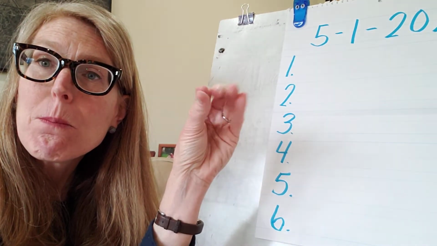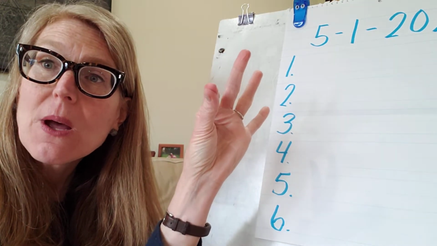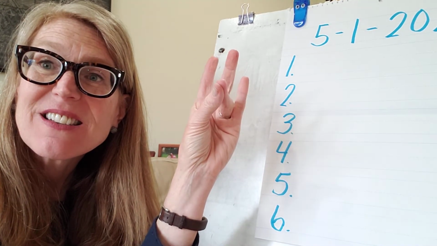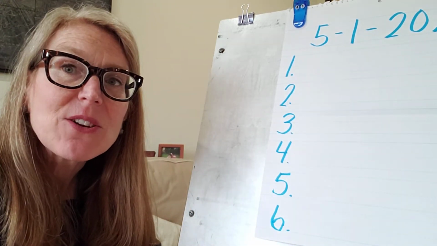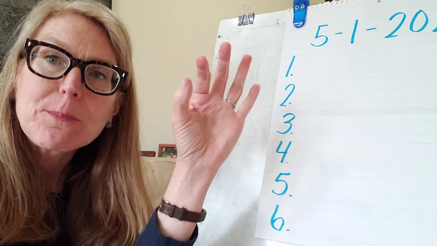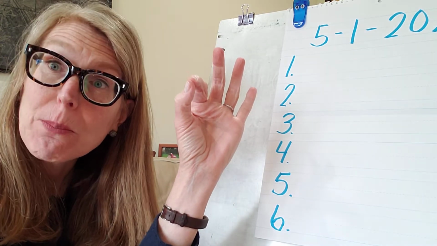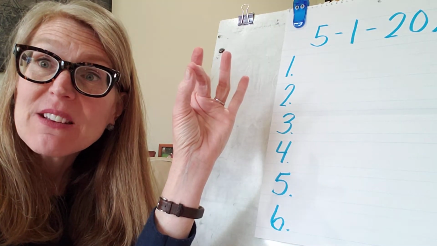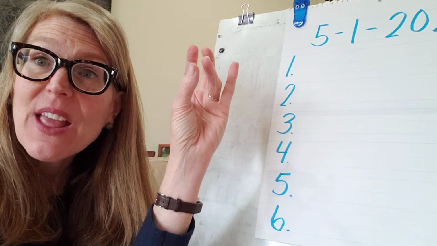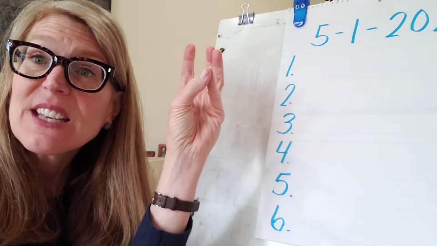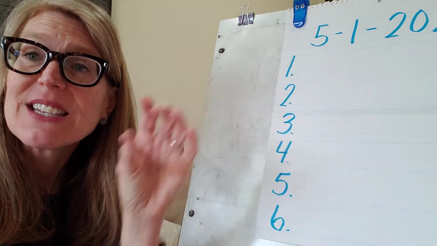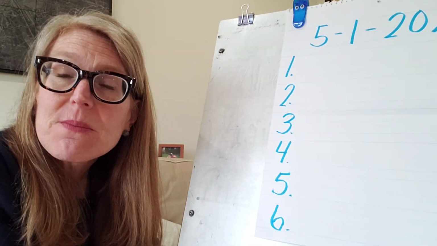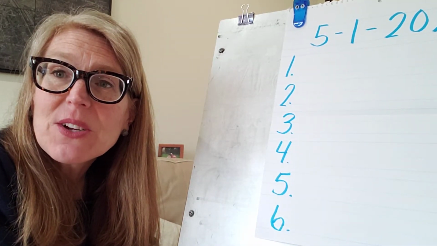P-o-n-d, pond. Can you write the letters that go with those sounds? Write your first P. The next one is O, then N, and then D. P-O-N-D, pond. Okay? You go ahead and write yours.